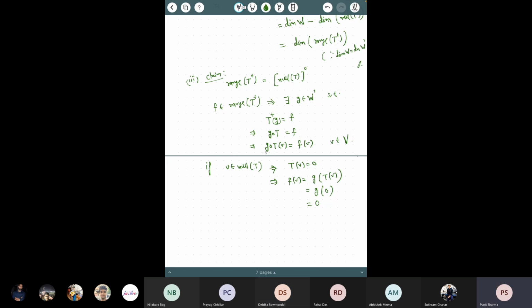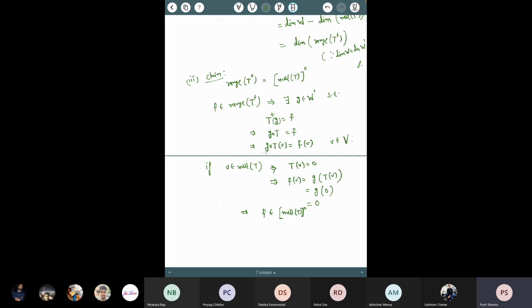So if we have a vector in the null space of T, then this implies that f of v equals 0. So what does it mean? This is true for all vectors in the null space of T. So this implies that f belongs to null of T annihilator. This is only one way.